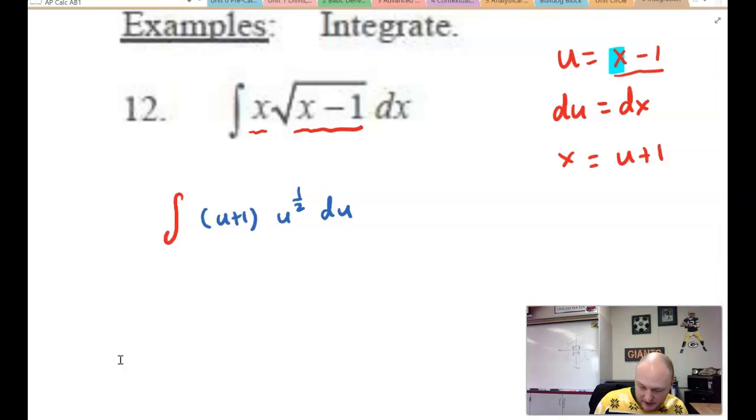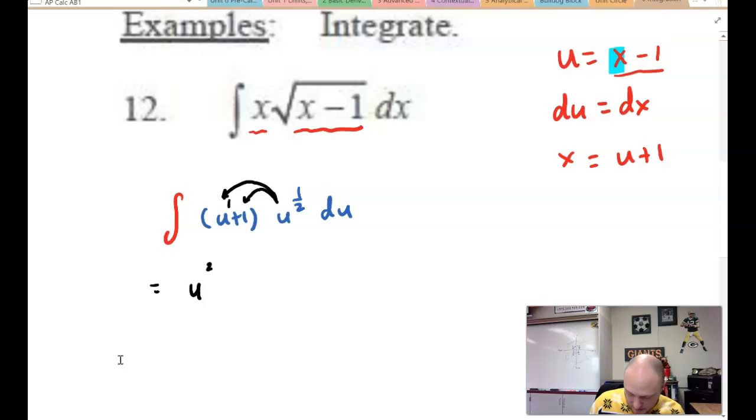And I want to go ahead. Before I can integrate, I want to distribute. I'm going to distribute this u to the power 1/2 times both of these terms. If there was a power outside of those parentheses, I cannot do that. You cannot do that. Okay, but I don't have a power there, so I can distribute in u to the power 1/2. So this is going to be u to the power 1, which is 2 over 2, right?